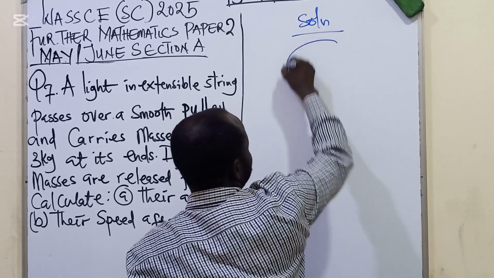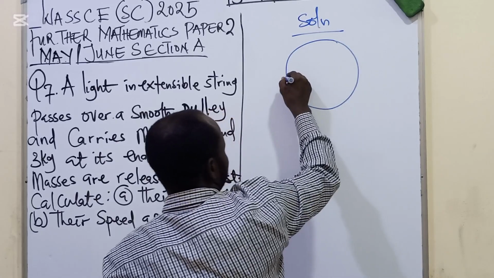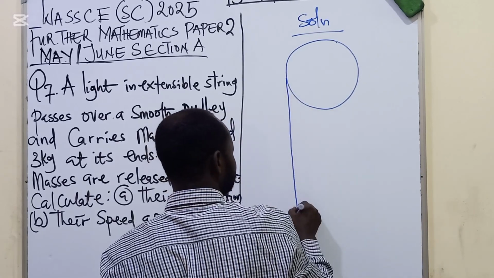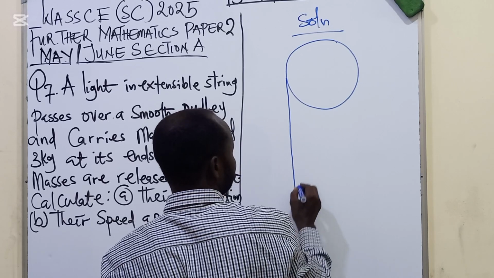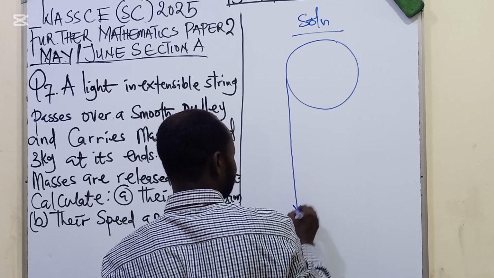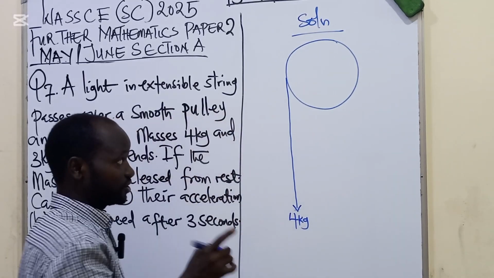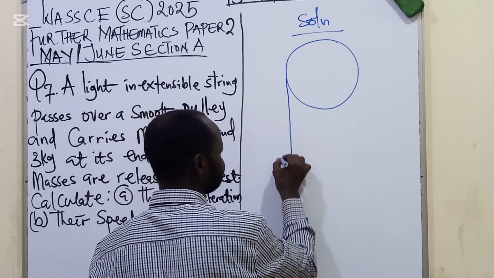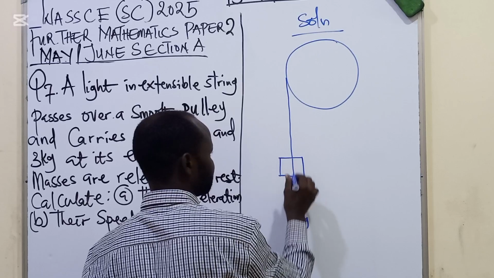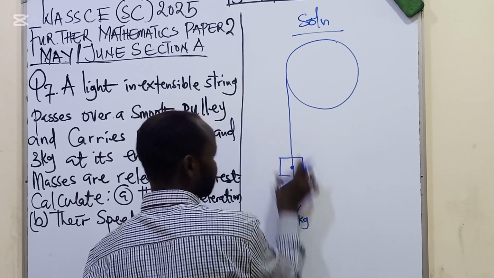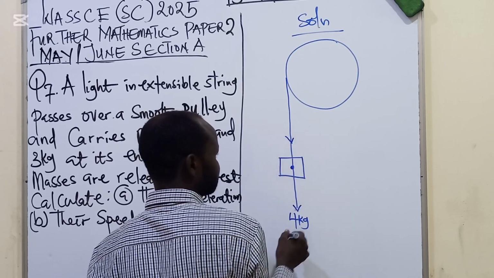Suppose we have a pulley like this, while we have this mass here, let's say is 4 kg. It will pull it down because 4 kg is greater than 3 kg. Then we have a force here, acting this way.